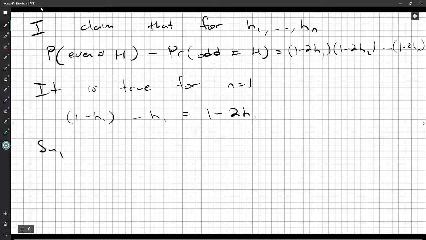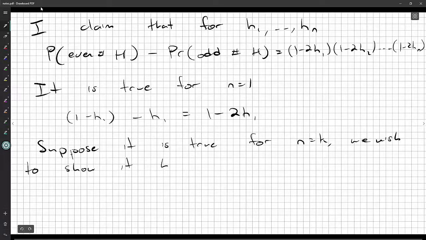Now, suppose it is true for n equals k, and we wish to show it holds for n equals k plus 1. So we'll distinguish our last coin, k plus 1, and we'll look at that.